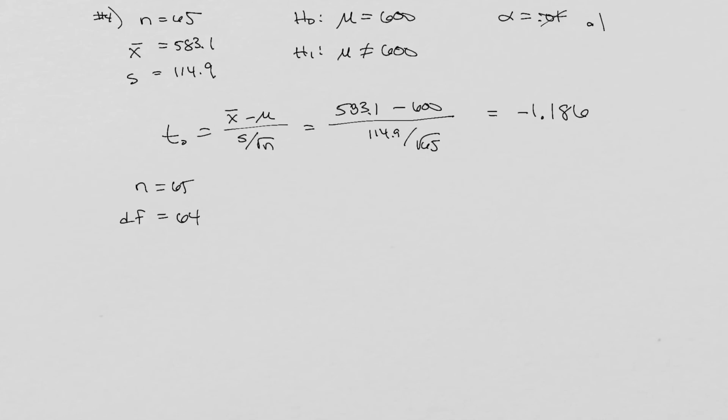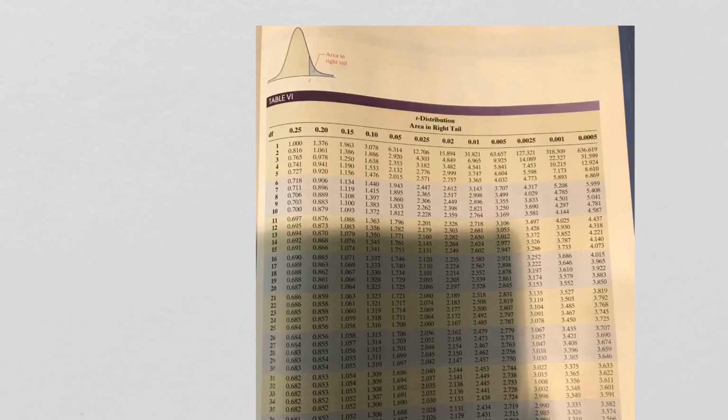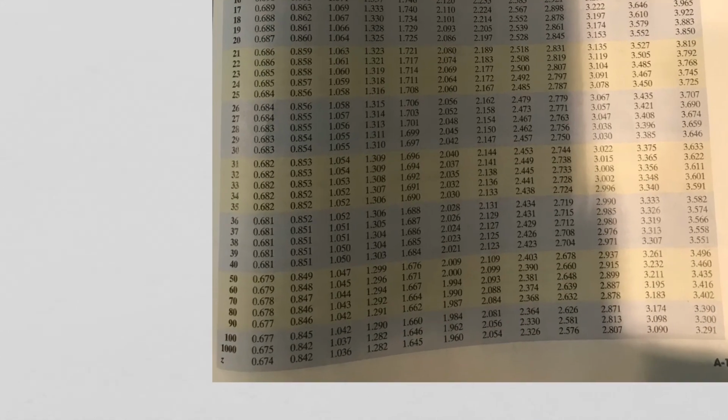Okay, so let's go back to the chart and find some p-values here. Okay. Now, if you look at the chart, I don't really have 64 on here, do I? Right. So let's use this line 60. Right. And I got a t-score of negative 1.186, but we'll use symmetry to help us out here.